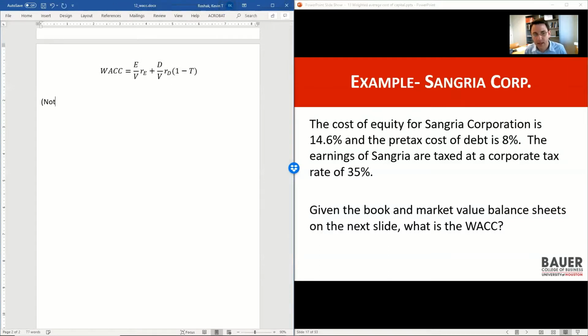So just as a note, in case it wasn't clear yet, RD times 1 minus T is the after-tax cost of debt.